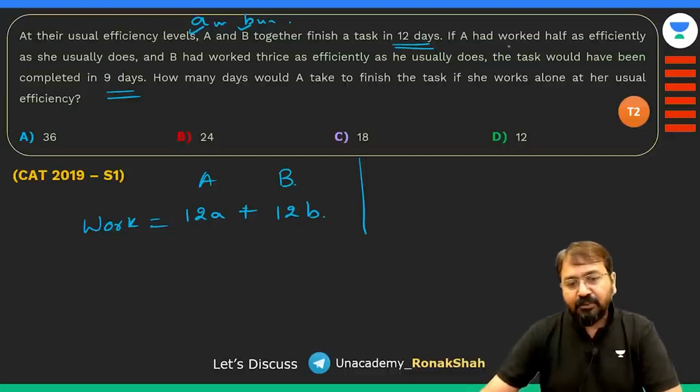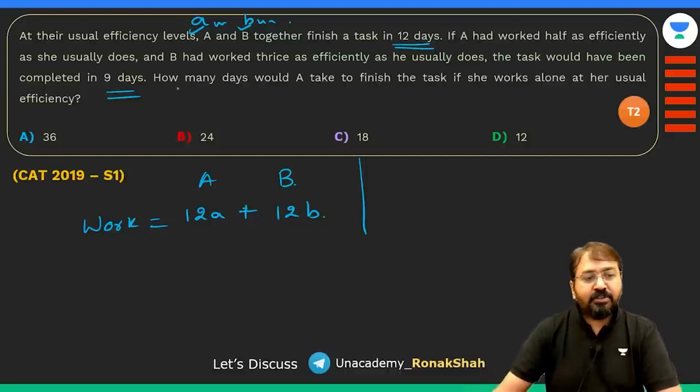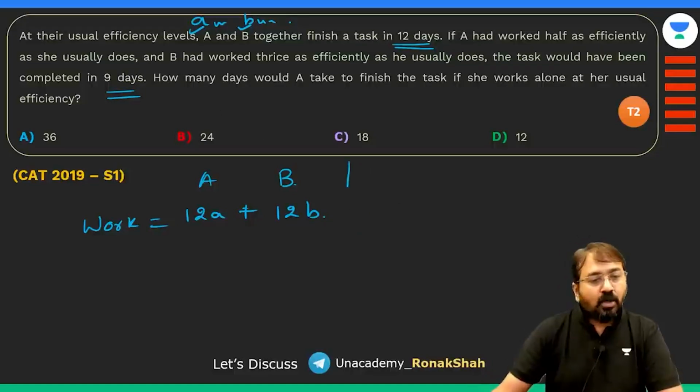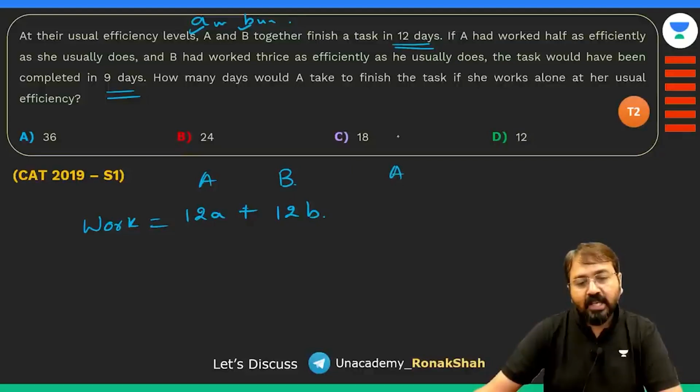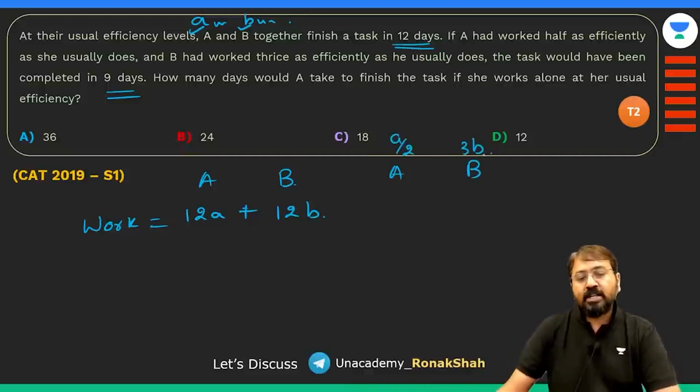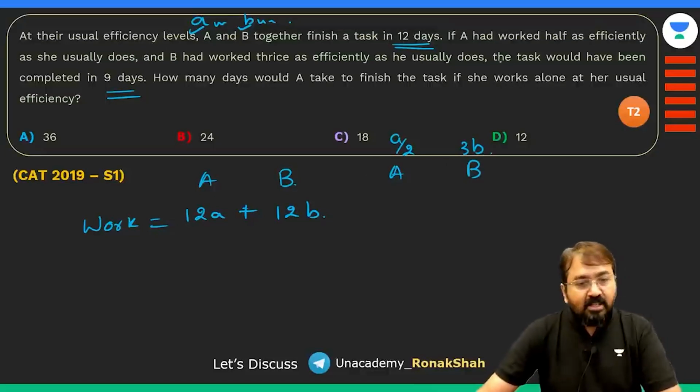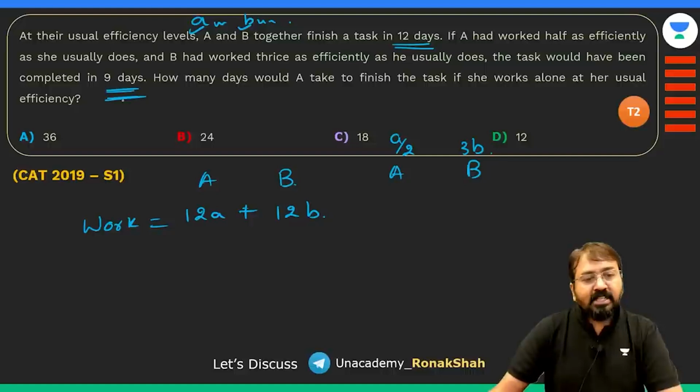Now they are saying if A had worked half as efficiently, so here A's efficiency, what has it become? It has become a by 2. And what is the efficiency of B? It is 3 times his usual efficiency, that is 3b. Then the task would have been completed in 9 days.